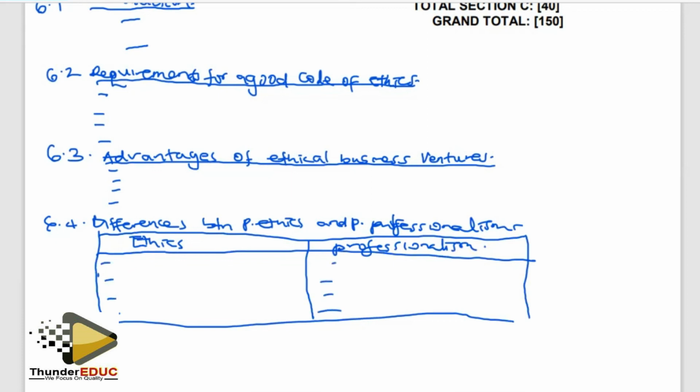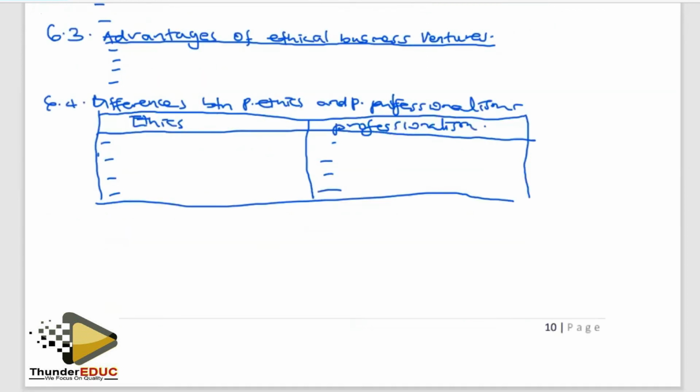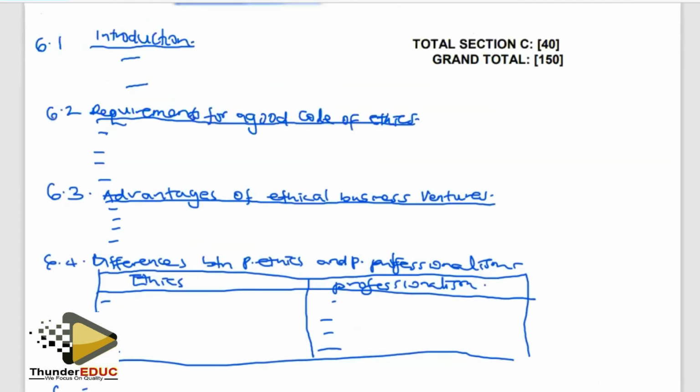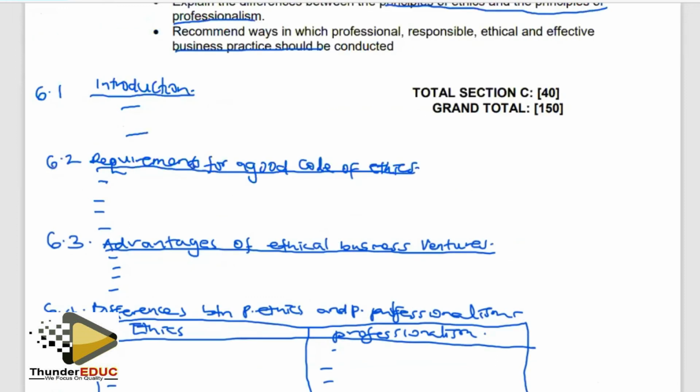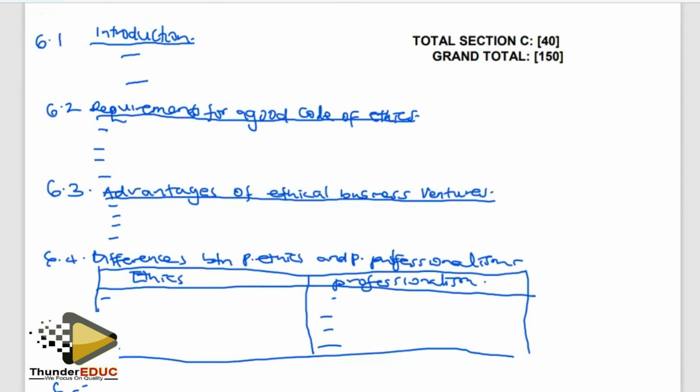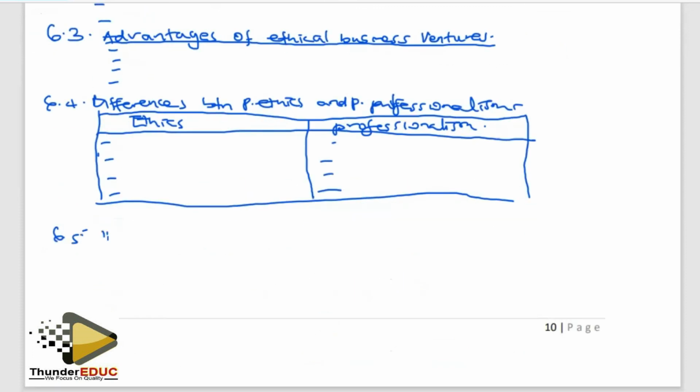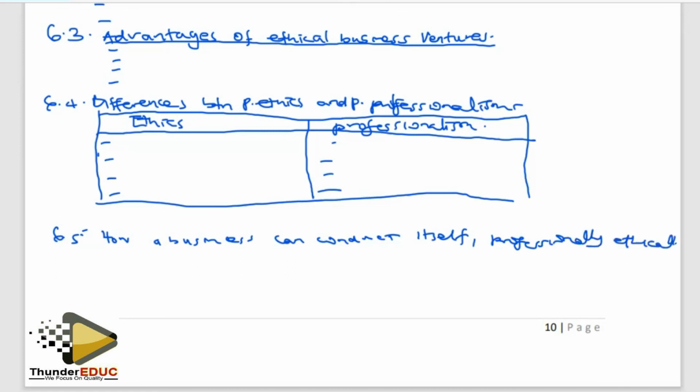Then 6.5. They want us to give how the business can conduct itself professionally, ethically, and in the best way.